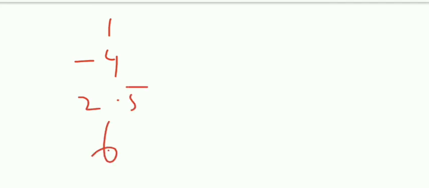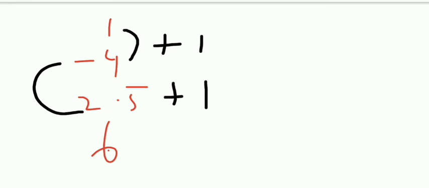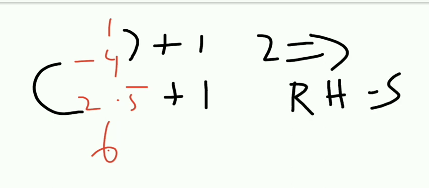Since there is a sign change, surely some roots are lying on the right side of the s-plane. How can we find how many? Here it goes from plus 1 to minus 4, so one sign change. Here it goes from minus 4 to plus 2.5, there is another change. So we have 2 sign changes.